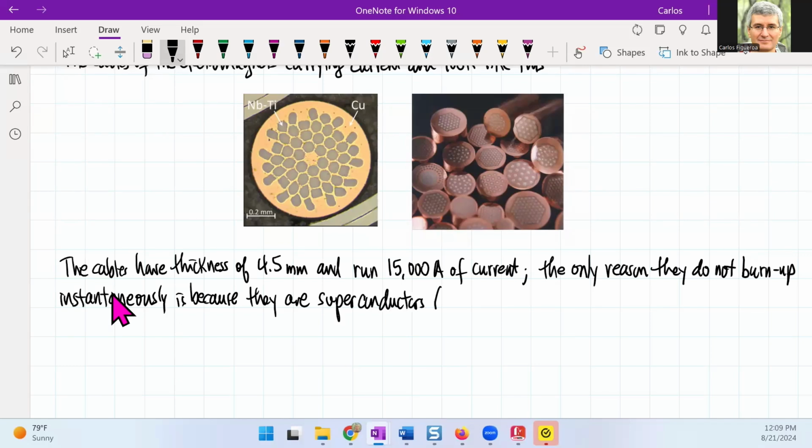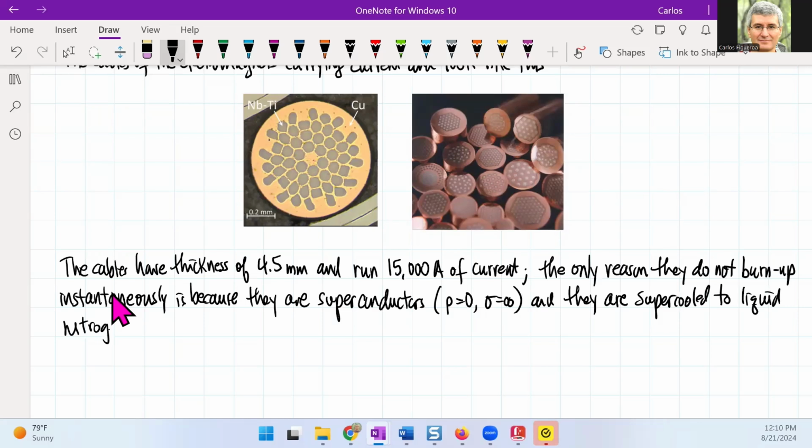And superconductors tell us that they have resistivity of 0 and sigma, the conductivity, equal to infinity. And they are supercooled to liquid nitrogen temperatures.